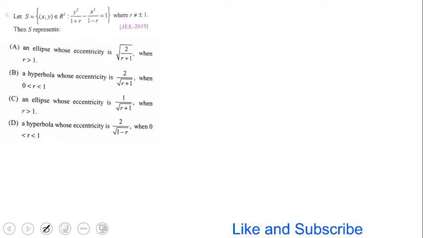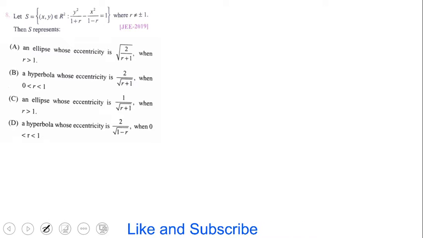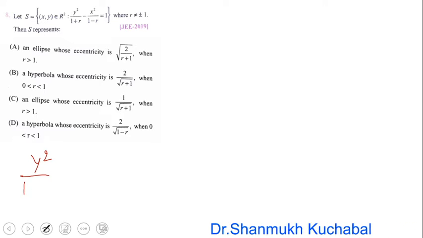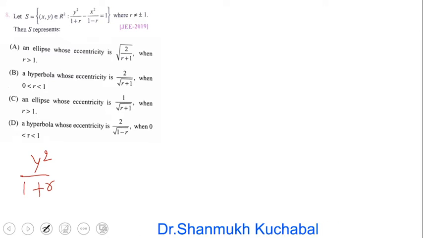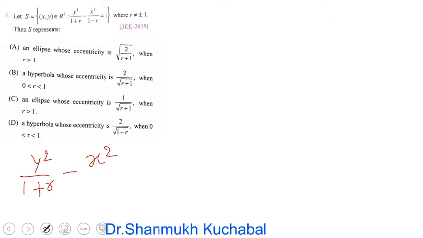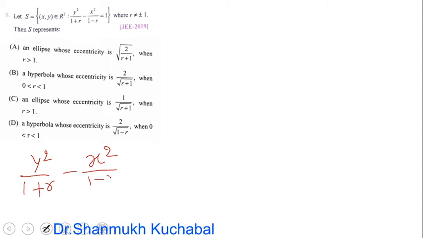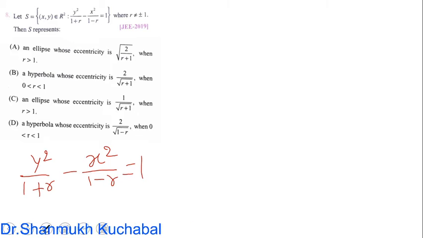So here S is given. It has coordinates (x, y) belonging to R square, and they have given the equation of a hyperbola. Then we have to verify which of the following is true. Okay, so the given equation is y square by 1 plus r minus x square by 1 minus r equal to 1.